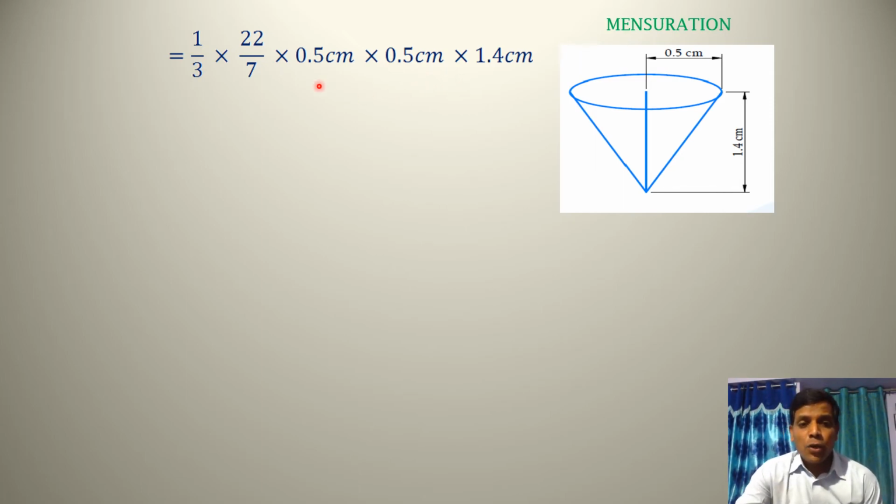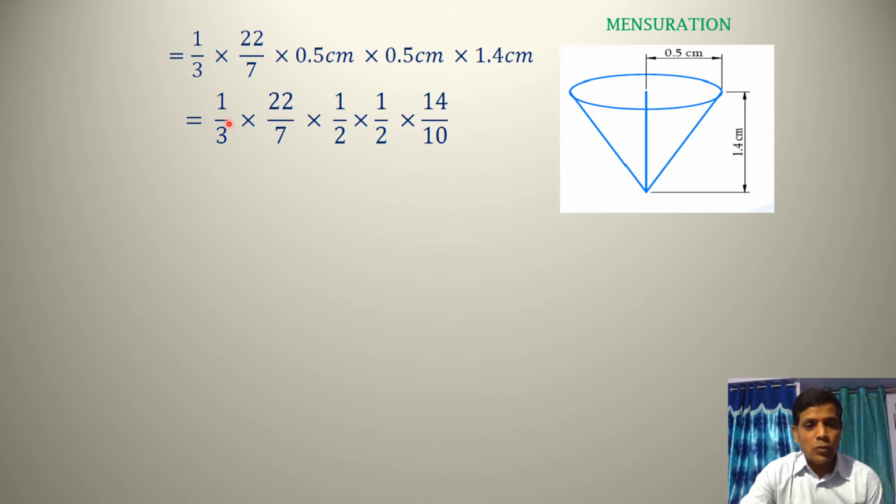Here 0.5 centimeter is written as 1/2 centimeter and 1.4 is written as 14/10. Read the next step: 1/3 into 22/7 into 1/2 into 1/2 into 14/10.